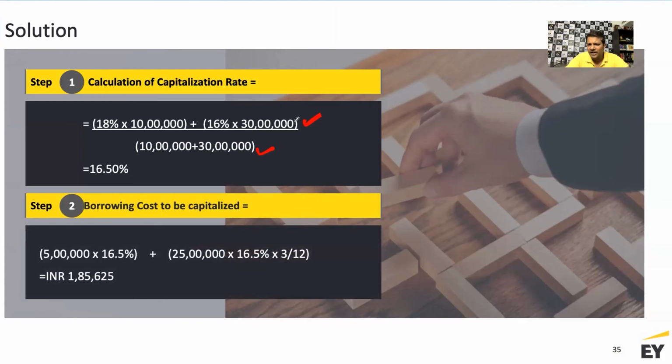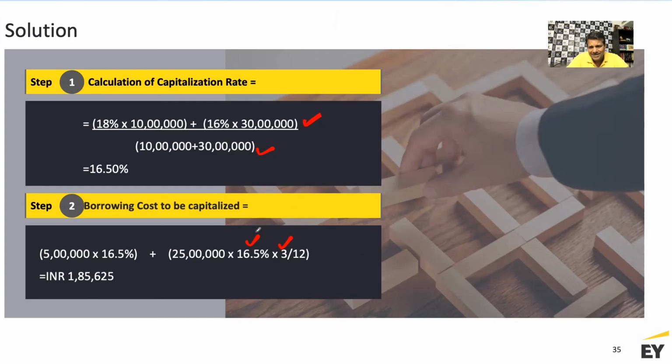So I'm going to capitalize for the entire year. The 25 lakh, which I had deployed on January 1, I'm going to capitalize interest only for a 3-month period, applying the same 16.5%. That number comes to 1,85,625. That is the total borrowing cost which is allowed to be capitalized following the principle of Ind AS 23 in relation to general borrowing.